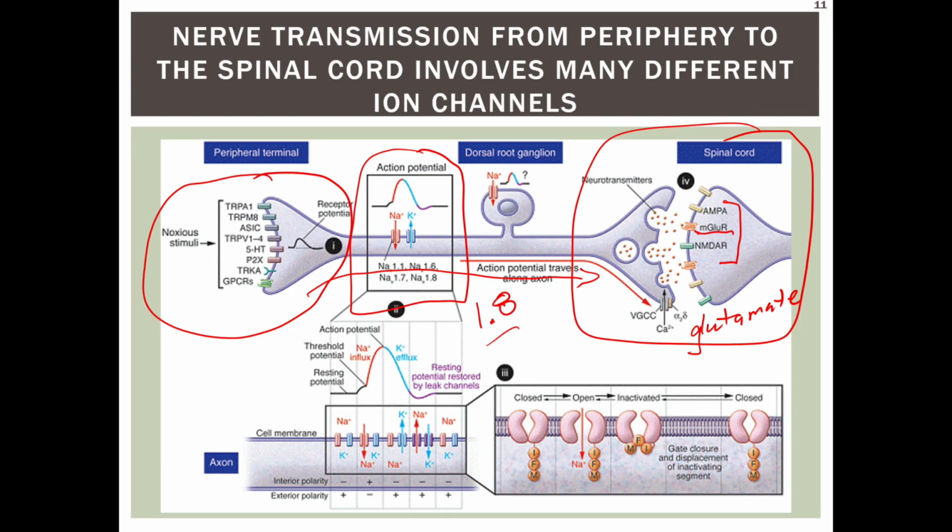And so we have that pain signal from a stimulus occurring out in the periphery. It's being conducted along by these sodium channels, glutamate released in the spinal cord that then sends this signal on to the brain for processing, or back out to the periphery in the example of a reflex arc, as we saw in the previous slide.